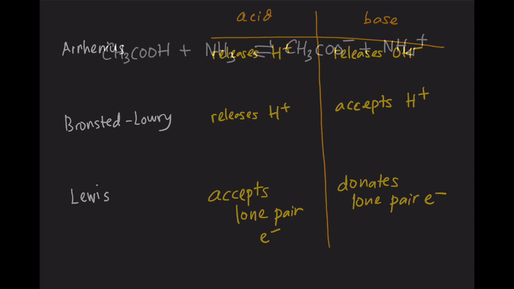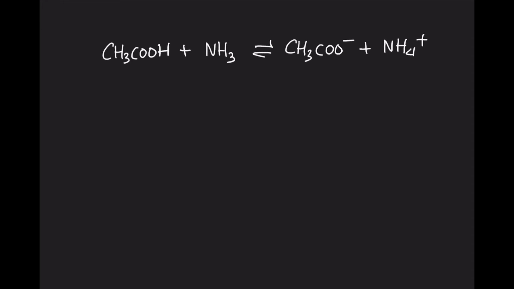Per the definitions that we have discussed, we can take a look at this reaction between acetic acid and ammonia in aqueous phase, forming the acetate ion and ammonium ion. Therefore, it will become negatively charged after losing 1 H+, while NH3 will be receiving that released H+ and become NH4+.